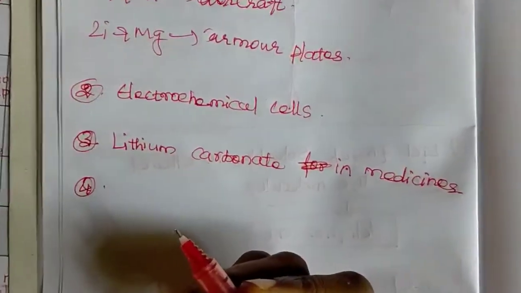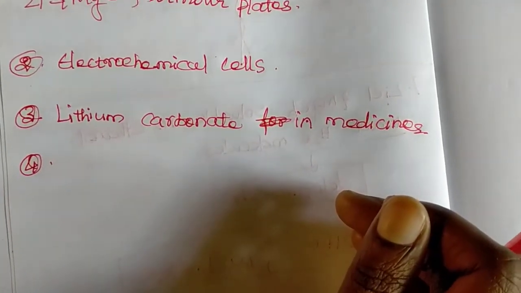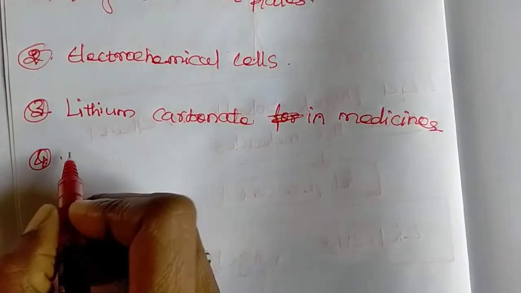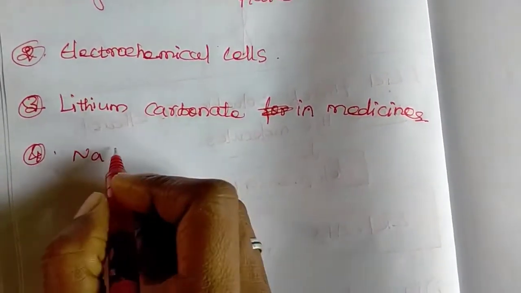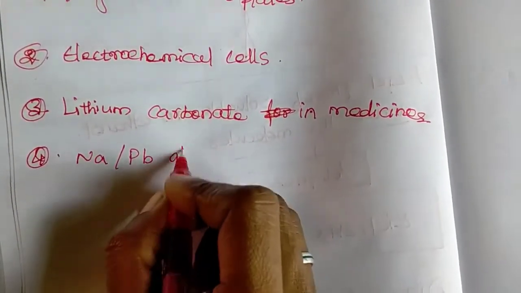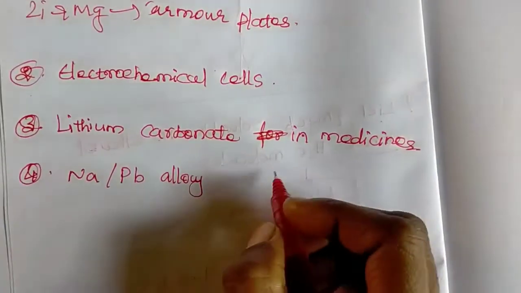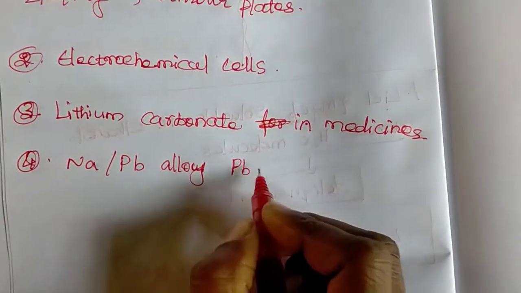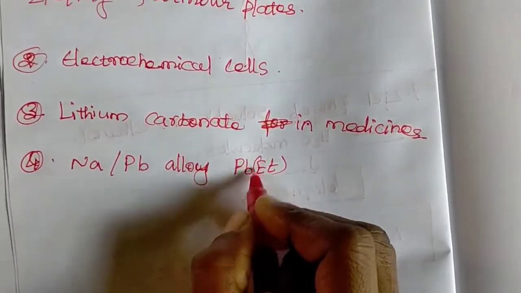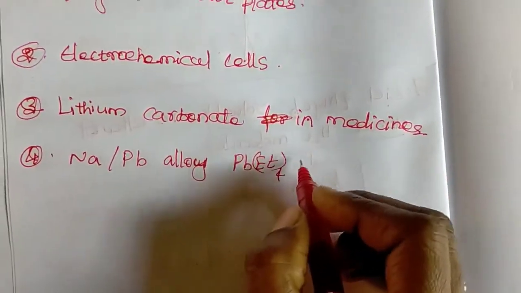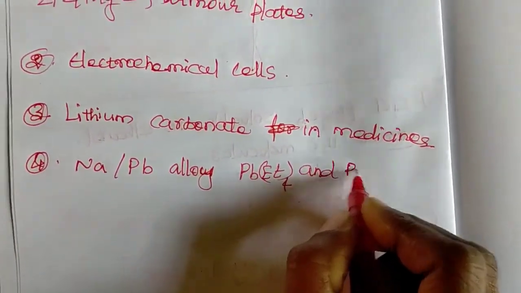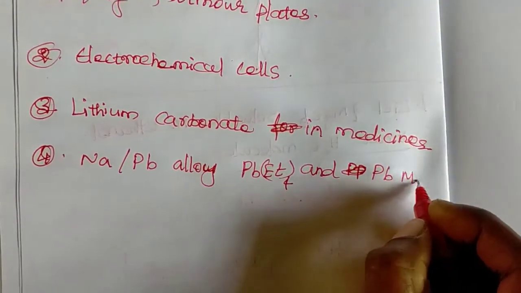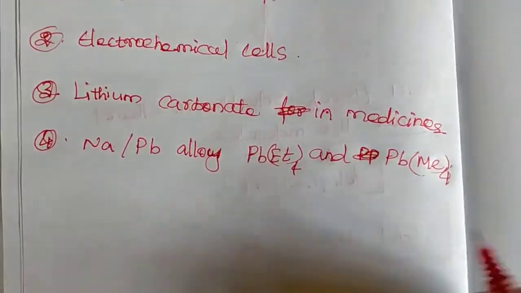Fourth use: sodium, which is also an alkali metal, is used to make sodium-lead alloy for producing PbEt4 and PbMe4.